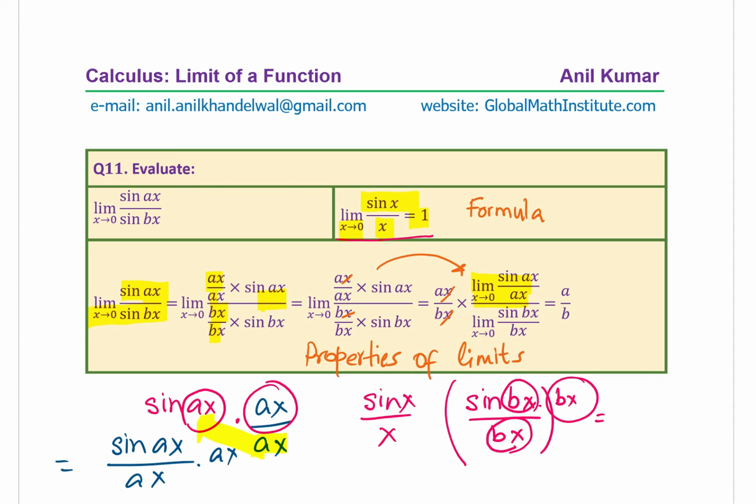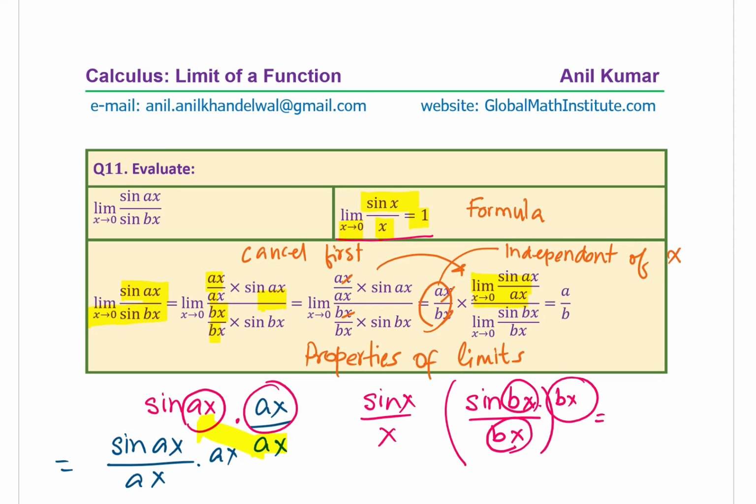We have the term a over b, which is independent of x, and then you can take it outside. So you cancel first, then do the next step, okay? So it is a mistake here.